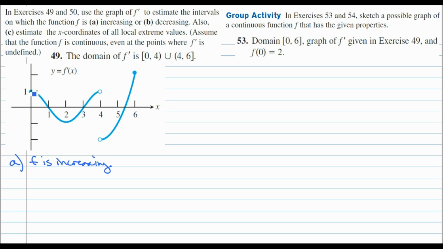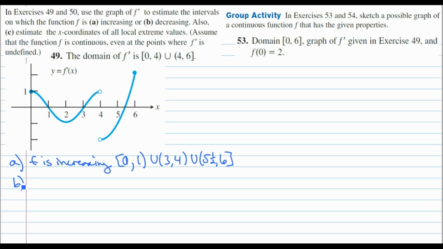So that's going to be from 0 to 1 with parentheses, and then from 3 to 4, also using parentheses. 4 is an open circle, so we don't want to include the value 4. And then I'm going to call that 5.5, so 5.5 to 6. 5.5 gets a parenthesis, 6 gets a bracket.